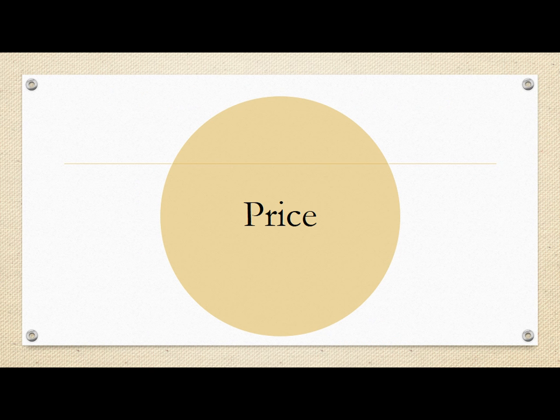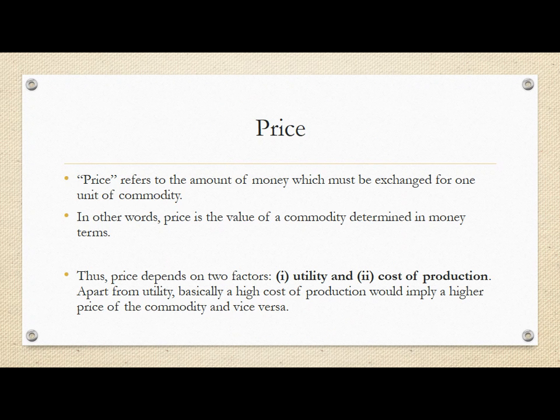Price refers to the amount of money which must be exchanged for one unit of a commodity. In other words, price is the value of a commodity determined in monetary terms. Price is the money measurement of the exchange value of a commodity.